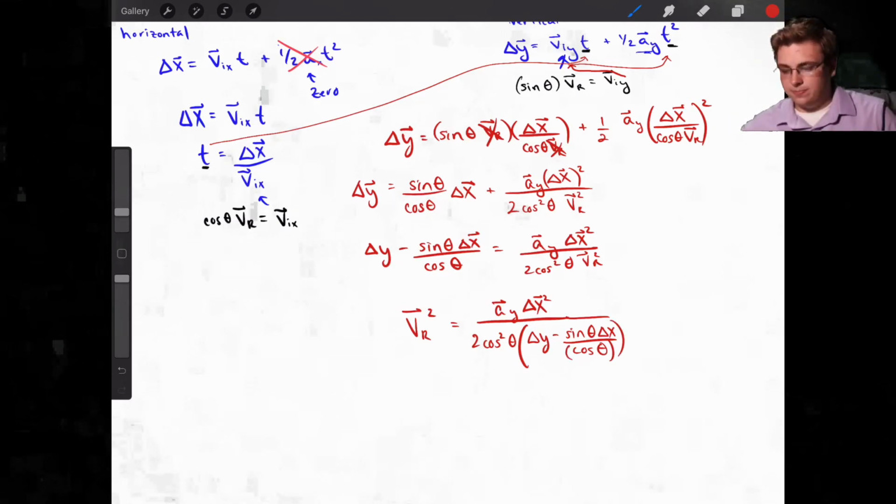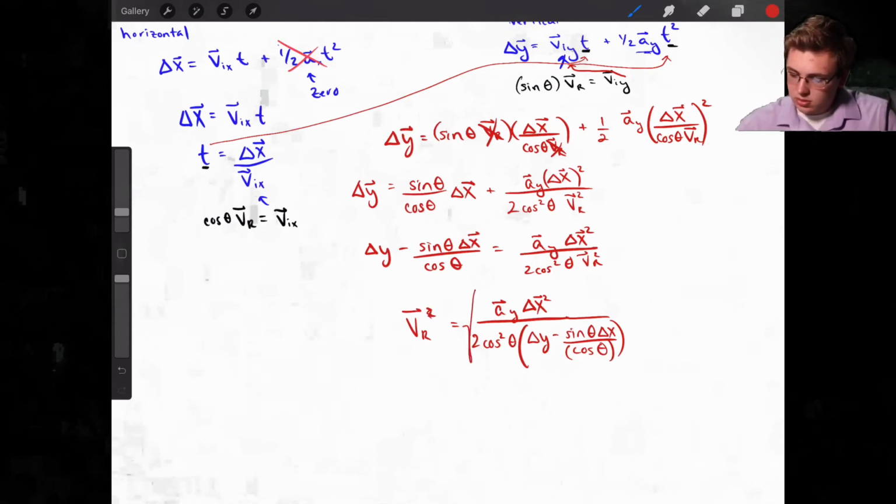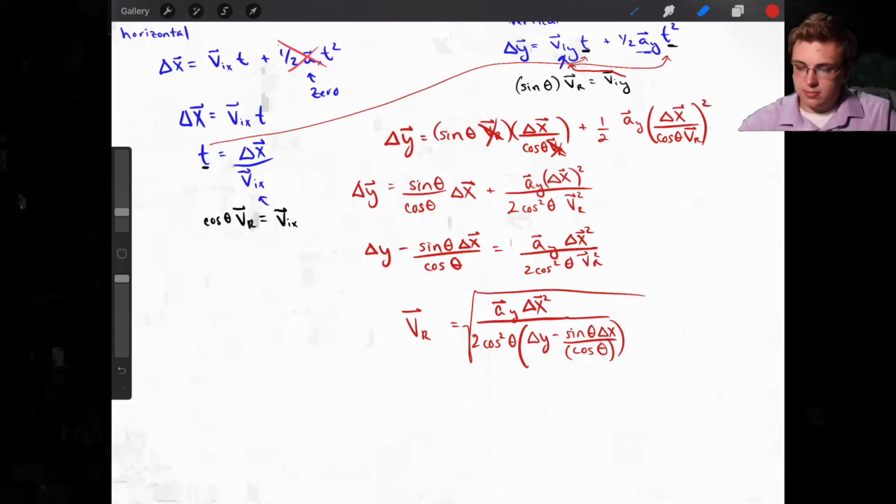That's what I get. Now, instead of rewriting it all, take the square root to get rid of the square. It's gone. Okay, so that's our v_R.